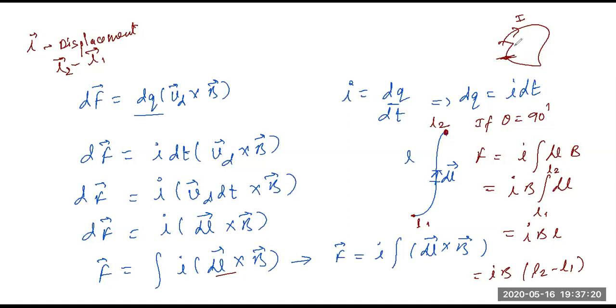If you have some coordinates here, that's your initial limit. If you want to go through the whole wire and come back, the final limit will also be the same. And if both limits are the same, L2 minus L1 will be 0 or not? Yes, sir. So F net for a closed surface will be zero. Any questions on this?